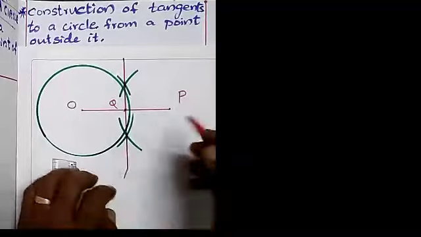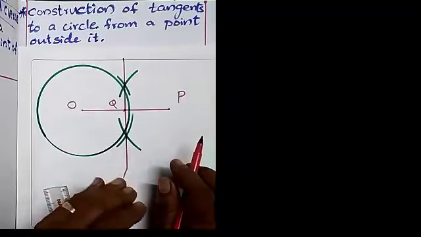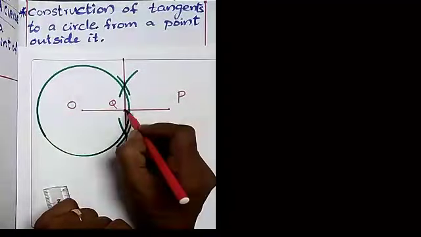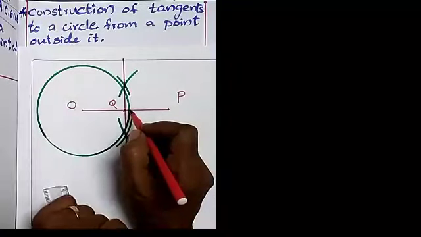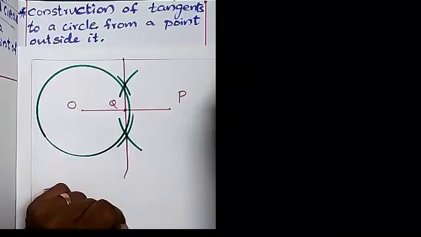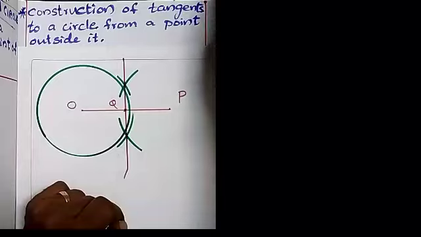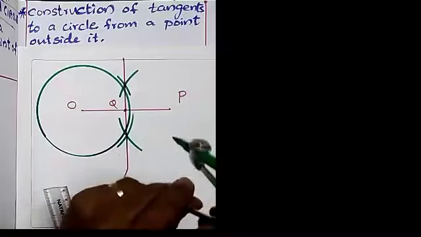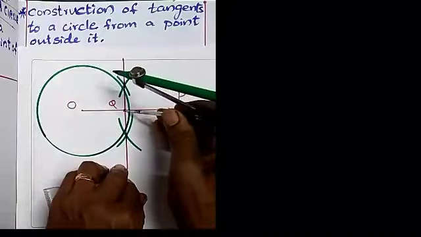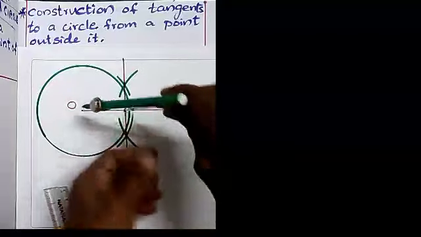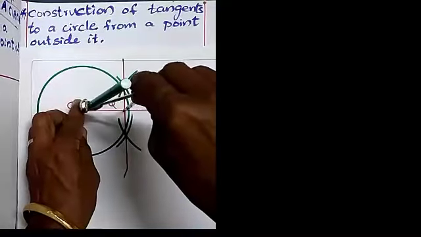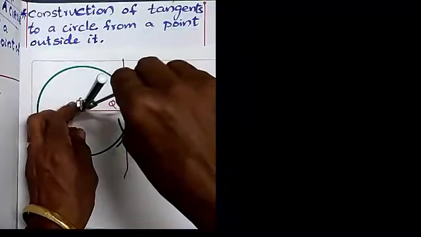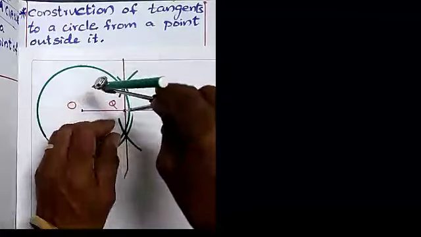And now we are going to draw another circle with this new point Q as center and OQ as radius. Okay, so the next step is with Q as center and OQ radius. Just you take the correct length OQ radius.